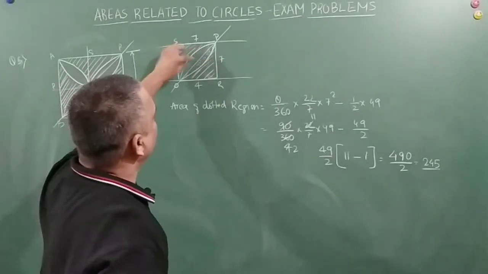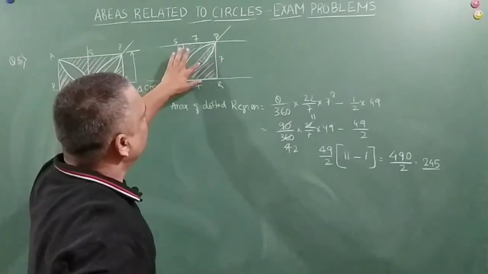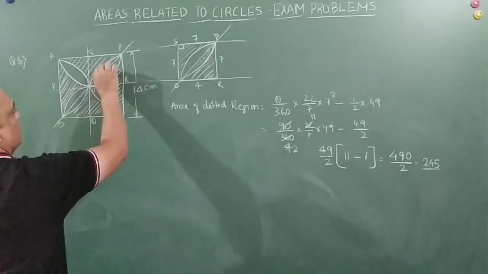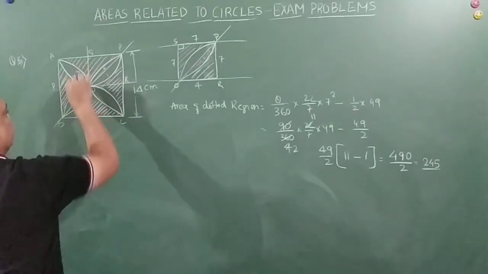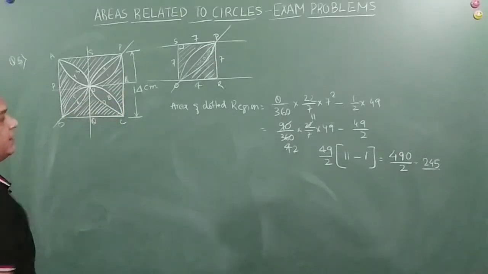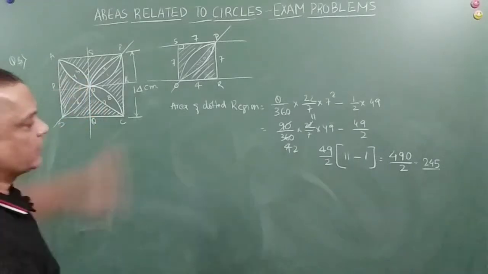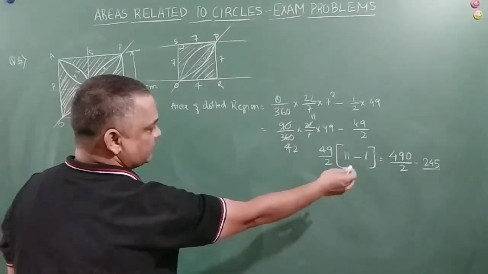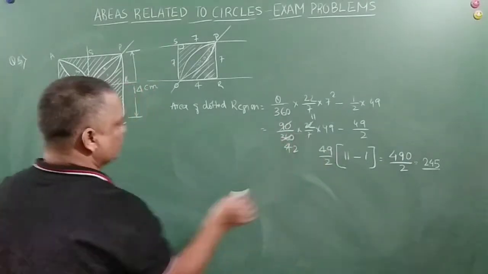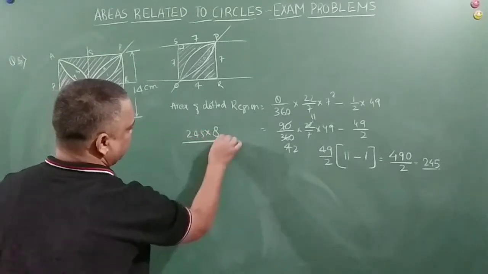Similarly, how many of them are there in the complete figure, friends? 1, 2, 3, 4, 5, 6, 7, 8. Total 8 are there. You're getting my point? So total 8 means 245 into 8, right?